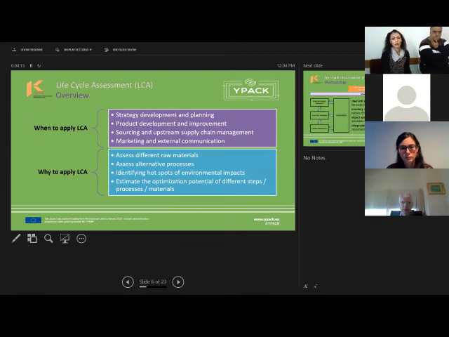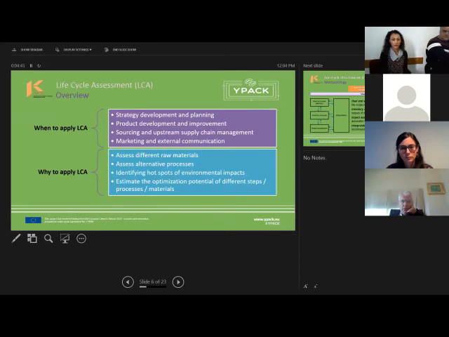Now, when to apply LCA, when some of these actions need to be taken. And these are when we need to develop and plan a new strategy, when we have to develop or improve a product, when we want to support the sourcing and upstream supply chain, and also the marketing and external communication.